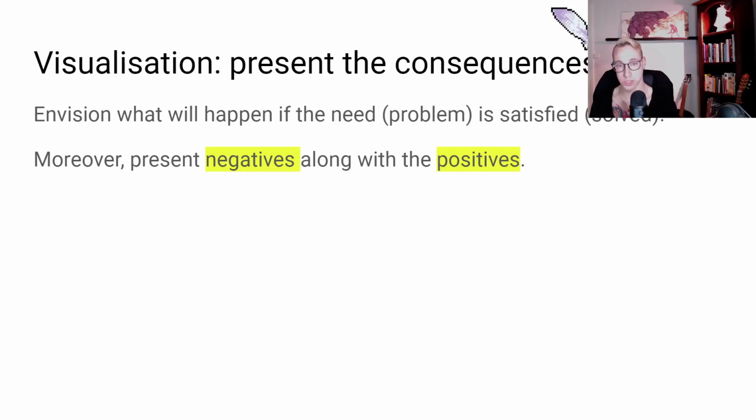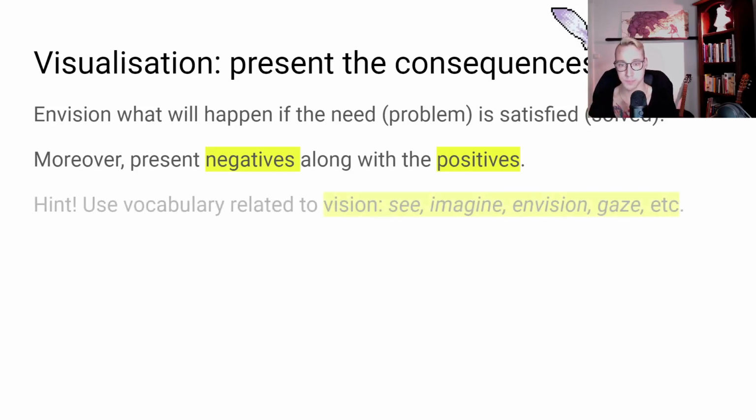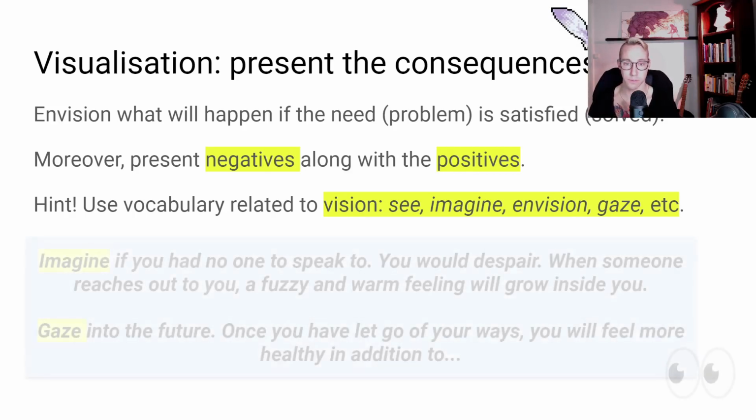Here, it's important that you present both the negatives and the positives. If they would not follow your instructions, what are the negatives that will happen? But if they do, however, what are the positives that will happen? And here, I have a suggestion that you try to use vocabulary that's related to vision, such as to see, to imagine, to envision, and so on.